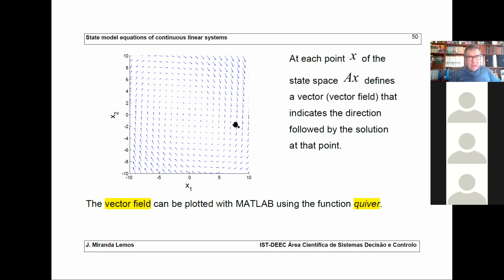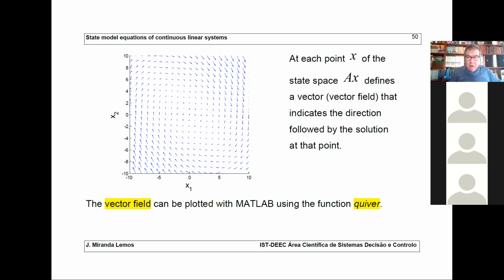Okay? So you know that in this case, for instance, you would be probably spinning. So this Ax defines what we call a vector field, because that associates to each point in space a vector where you move.